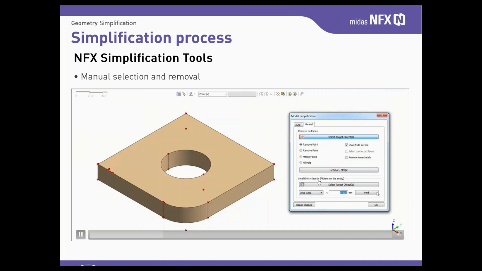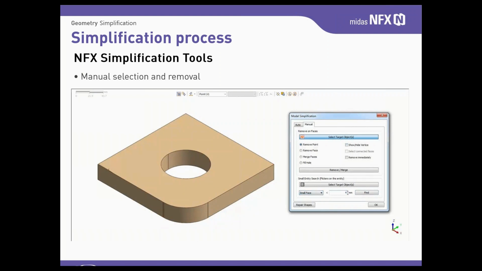Small entity search. This tool works similar to search condition from the previous tool, but as the result, we don't have a legend, but instead of that we have indicators. So if we type our search condition, some areas will be highlighted in the presented way.